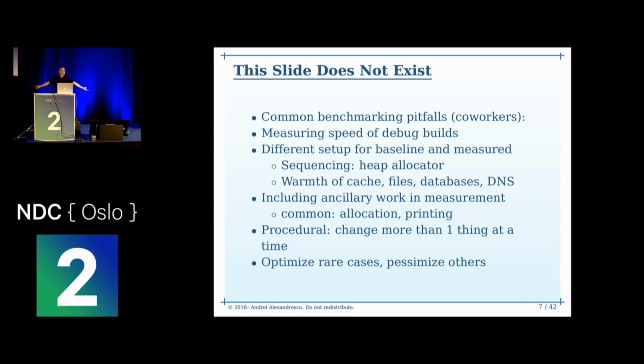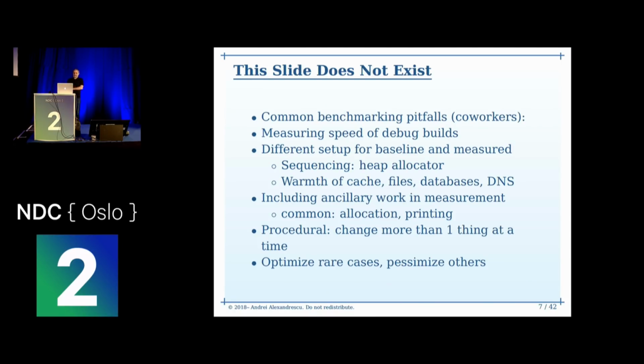You have no business measuring the speed of a debug build. I once spent one week because a coworker said, oh, actually this thing is really much slower than the baseline. Why did we make that change? I was like, oh, so we've got to look into this. And finally, oh, wait a second, I was measuring the debug build. The debug build is not even supposed to be fast. There's no purpose in it being fast, right?